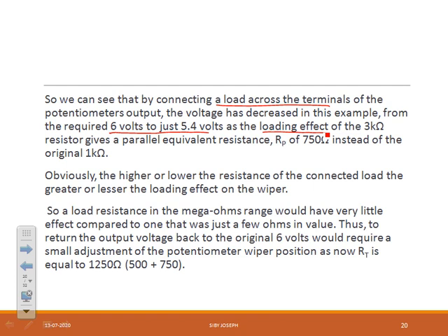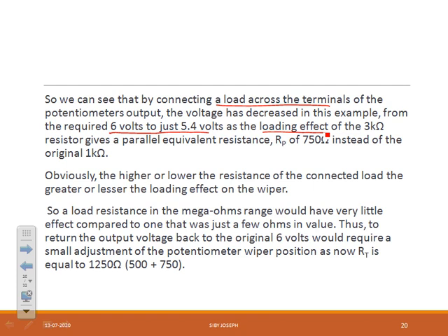This is called the loading effect. The 3 kilo ohm resistor gives a parallel equivalent resistance RP of 750 ohm instead of 1 kilo ohm.